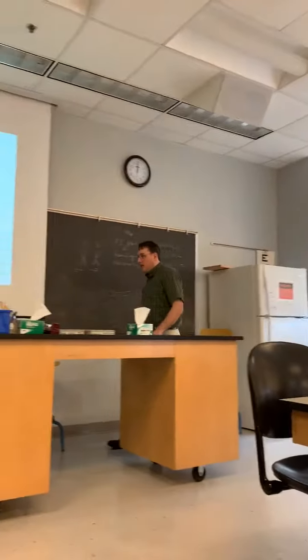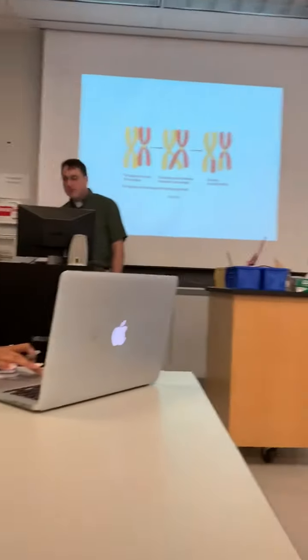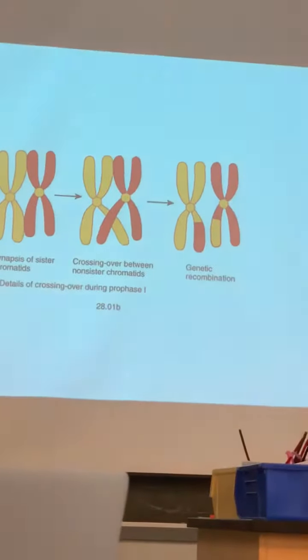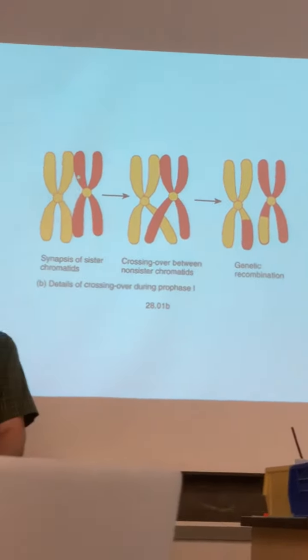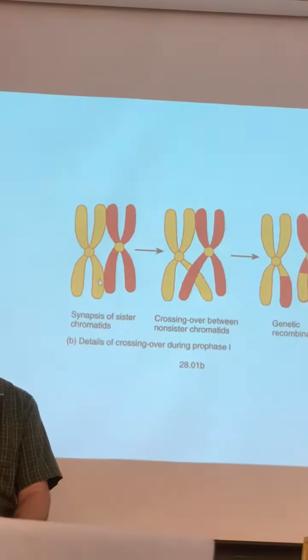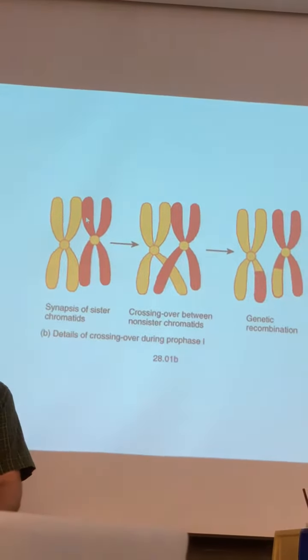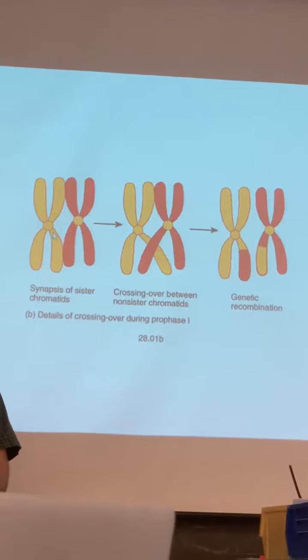The other way is by mixing and matching within chromosomes. This happens during prophase of meiosis 1, right? The homologous chromosomes come together. Let's say this is chromosome 1. The yellow is mom and the red is dad. Doesn't really matter, okay? Chromosomes come together. Synapsis.